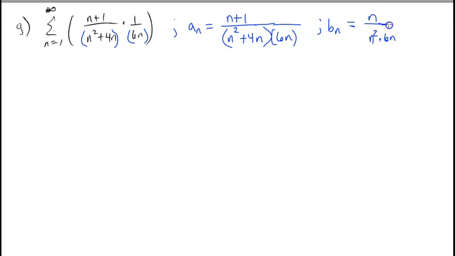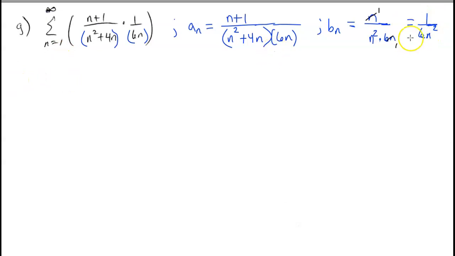Okay. And of course, if I reduce here, then essentially what I have is a 1/6n squared there. So I know that a comparative b sub n sequence will just be 1/6n squared.